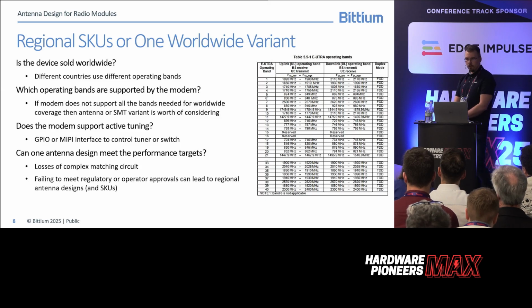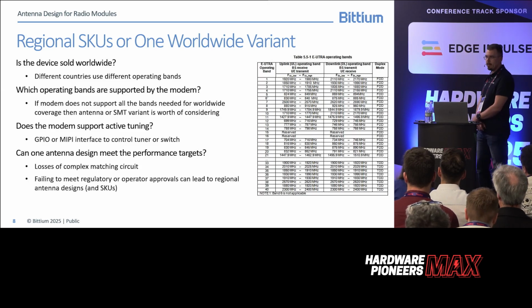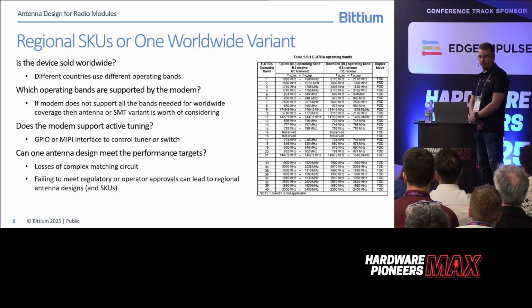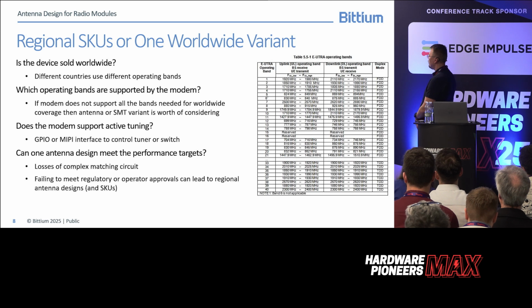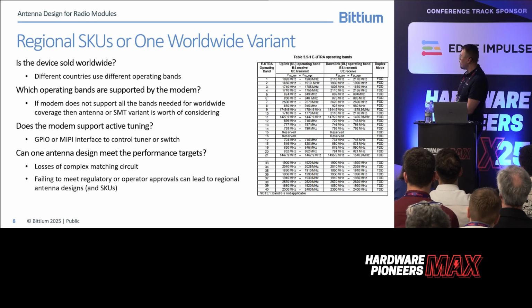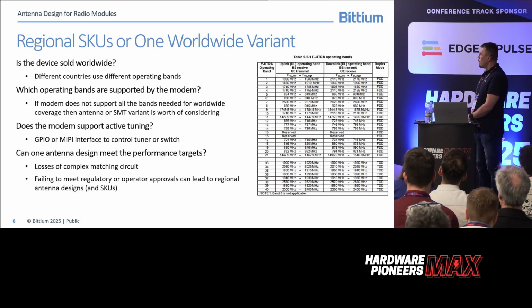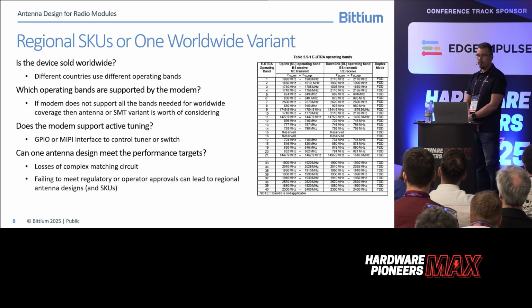One thing that you should think about when you are developing your device is: is the device sold worldwide? There are a lot of different frequency bands in cellular connectivity, starting from 600 megahertz up to 3 point something gigahertz, or up to 5 gigahertz in 5G networks. So you need to check which operating bands are supported by your modem.